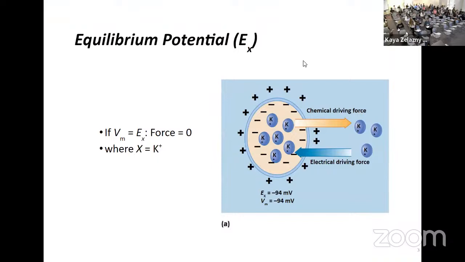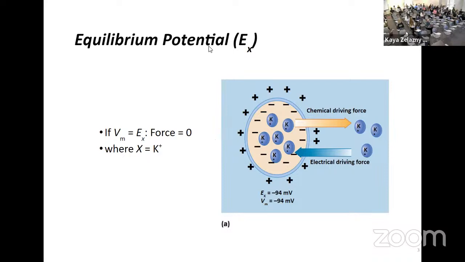So we're always going to have an E for equilibrium potential. Here where it says X, that's a variable standing in for whatever ion we're talking about. In the picture, it's EK, the equilibrium potential of potassium. It could say ENa, equilibrium potential of sodium, ECa, equilibrium potential of calcium, and so on.